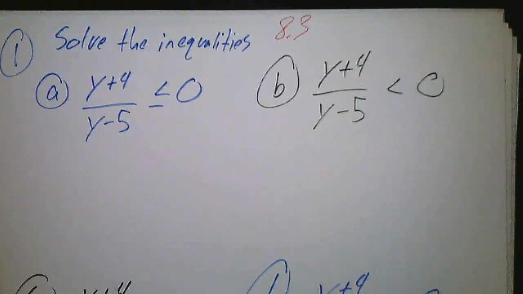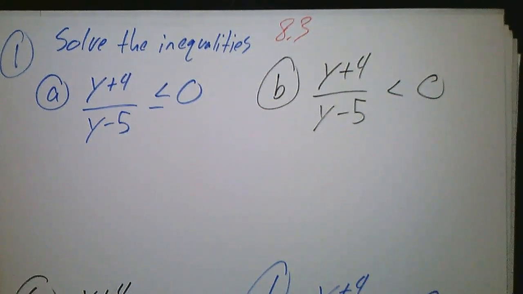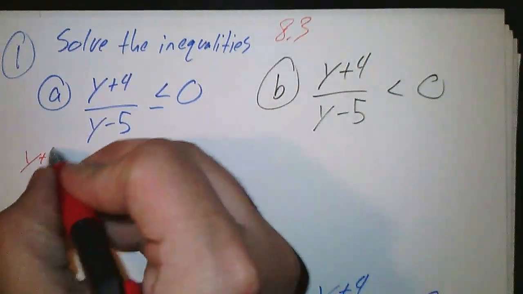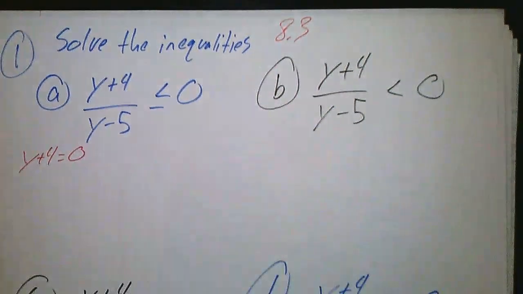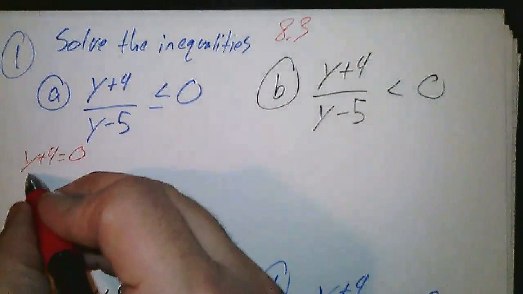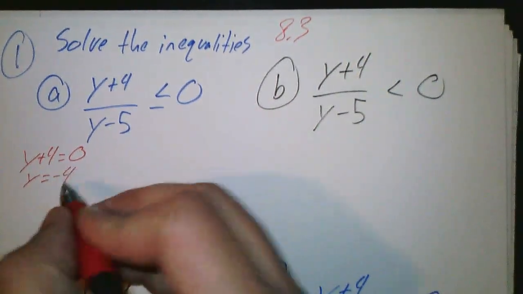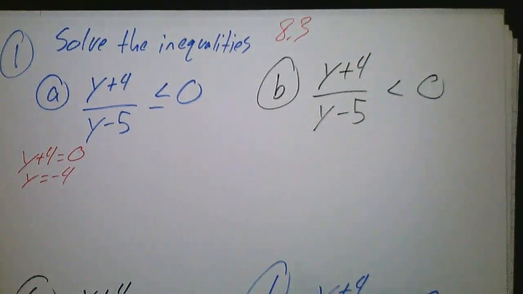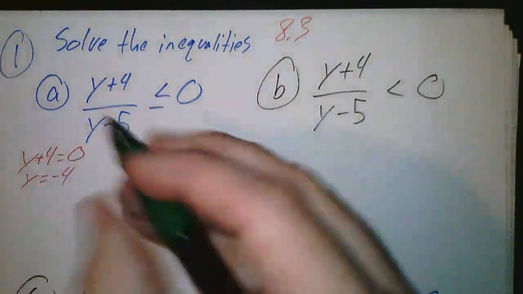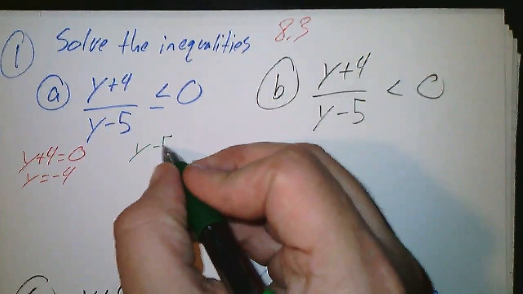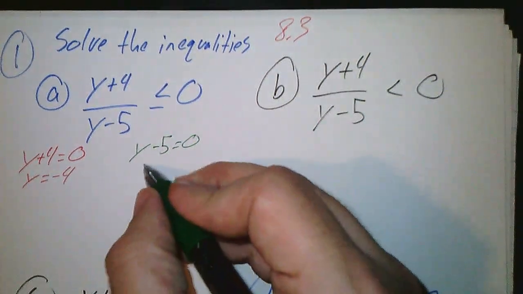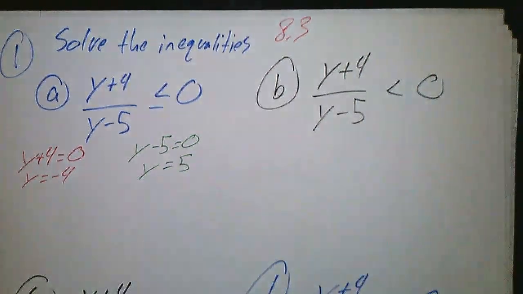For the rational inequalities, we set both the numerator equal to 0, which will give us y equals -4. And we will set the denominator equal to 0. So these are what we call turning points.